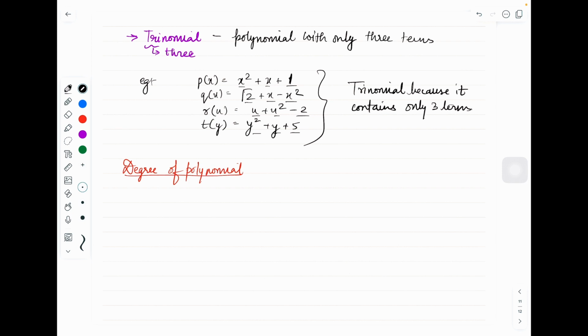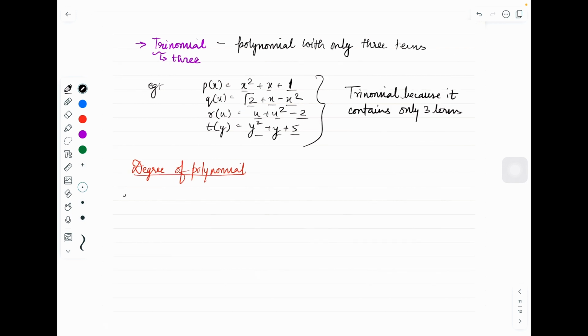Degree is actually the highest power, or you can say the highest exponent of the variable in the polynomial.